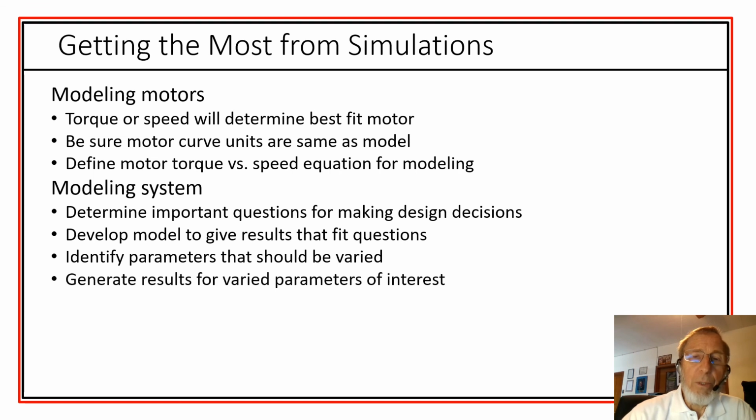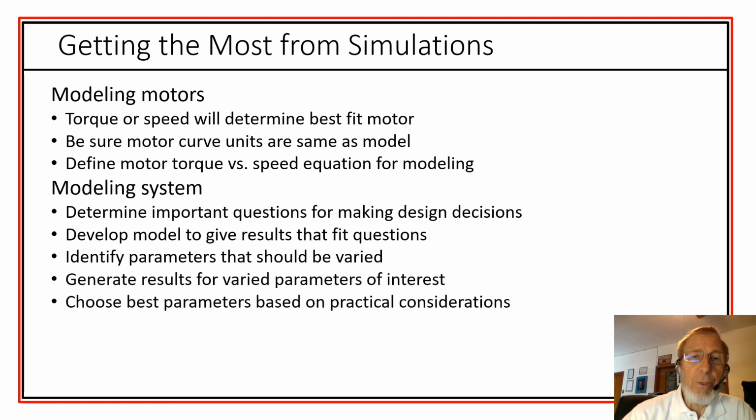We generate results for the varied parameters of interest. Based on all this information, we then choose the best parameters based on our practical considerations. So we chose the launch angle and velocity. We chose the motor and the ratio of speeds between motor and flywheel based on some practical considerations.